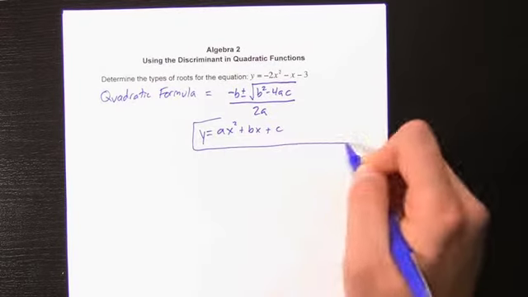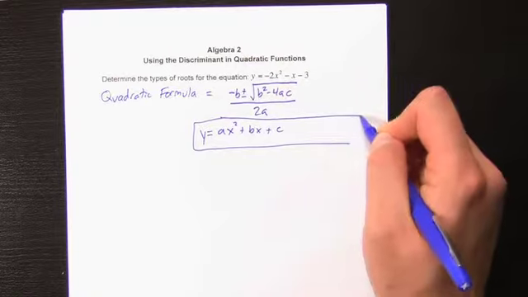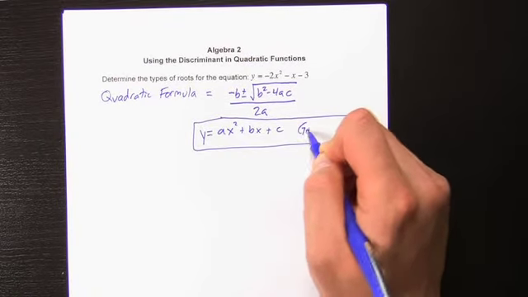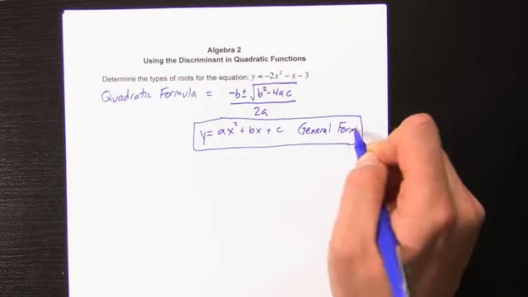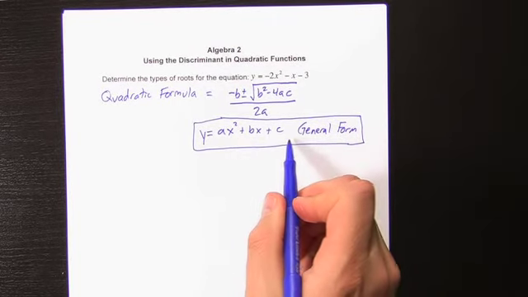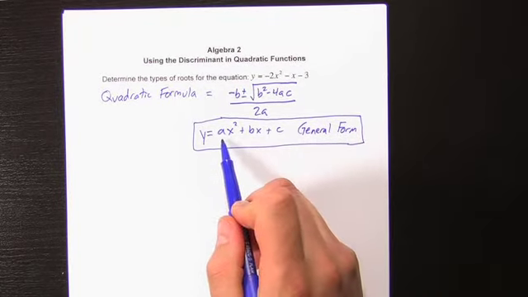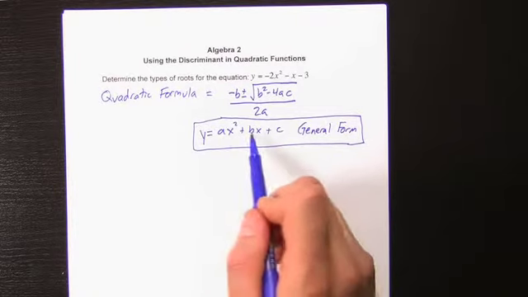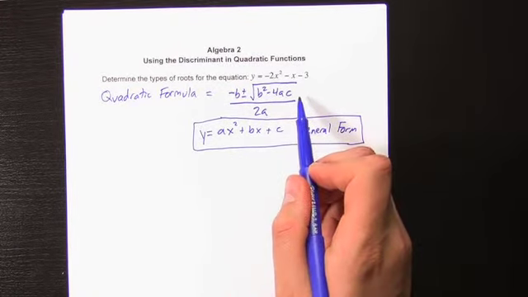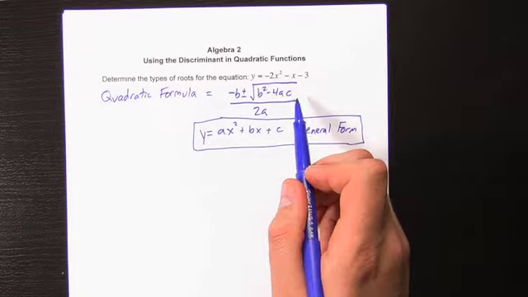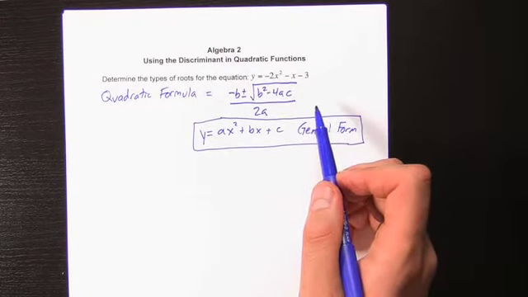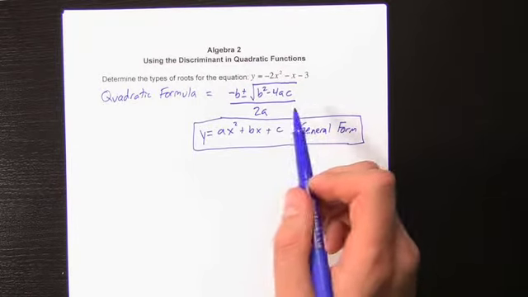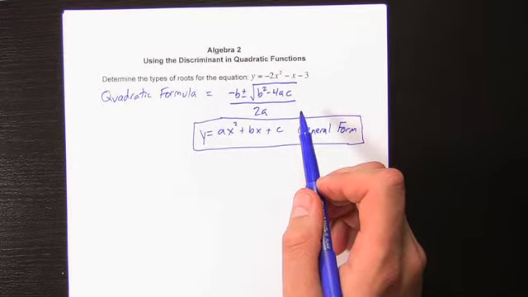So this is what I would call the general form of a quadratic. And once you have a quadratic in this form, you can figure out what the coefficients are, or the values of a, b, and c, and then you can substitute that into the quadratic formula, and this tells you the roots, basically the places where the parabola would cross the x-axis.